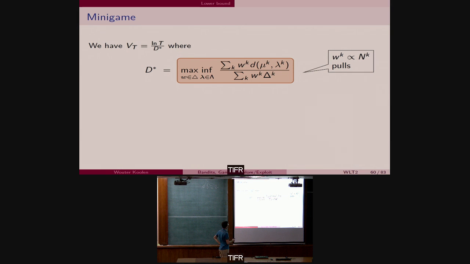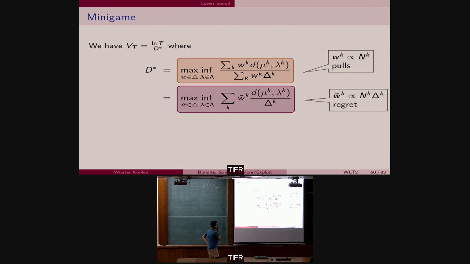So if you put the constraint in the objective and you reparameterize not by the total number of counts of each arm, but by the proportion, so to introduce these W's to bring it closer to what we have, it becomes a max-min problem, but the objective is a little bit different from what we had before. When it was not regret, but pure exploration, it was just the numerator. Right? But now it's information per unit regret that we are seeing. Right? On the bottom, this is a regret.